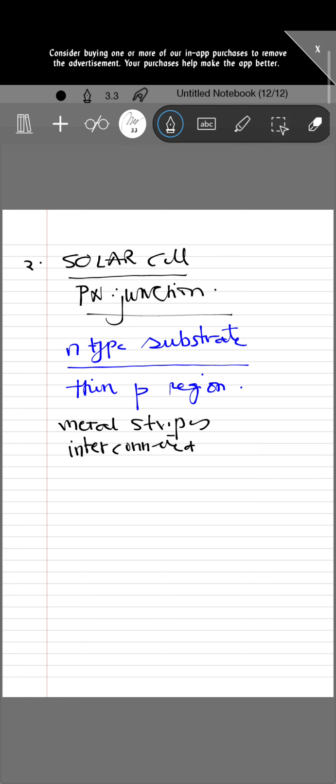So this actually forms the anode part of the device. And this interconnection causes an increase in current. And see, so this is how it looks.